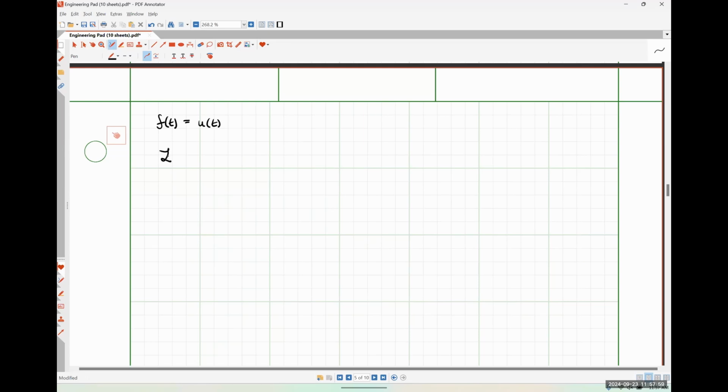So the Laplace transform of f of t in this case is going to be the integral from 0 minus to infinity. So I'm integrating with respect to time. What is the value of my unit step function over this interval? 1.